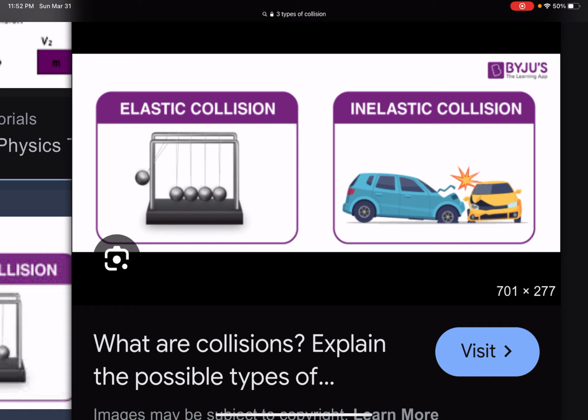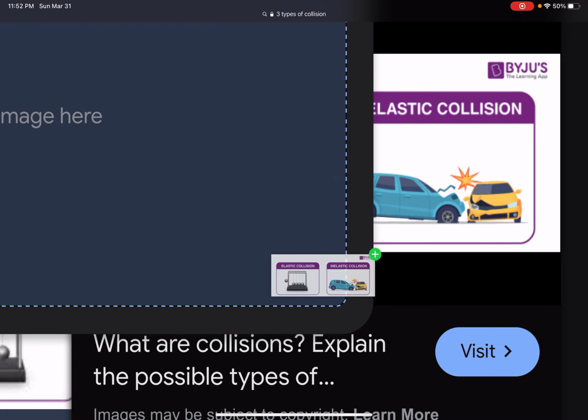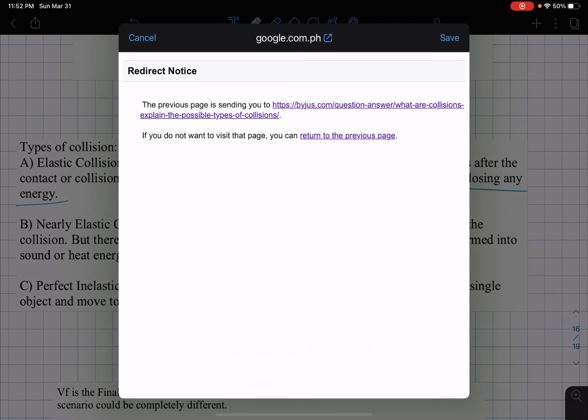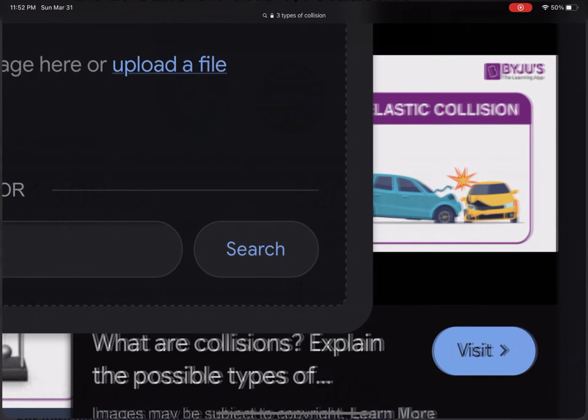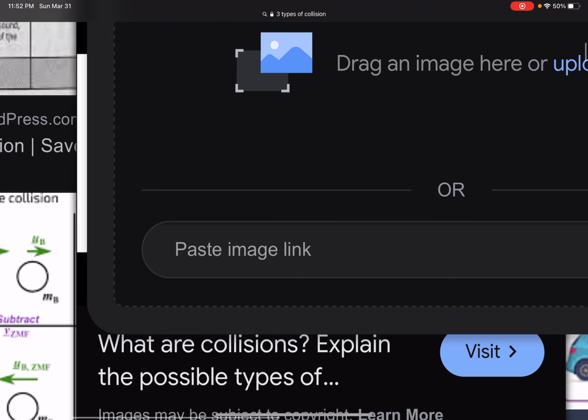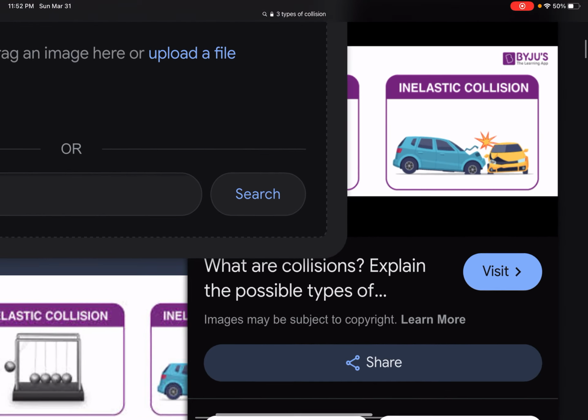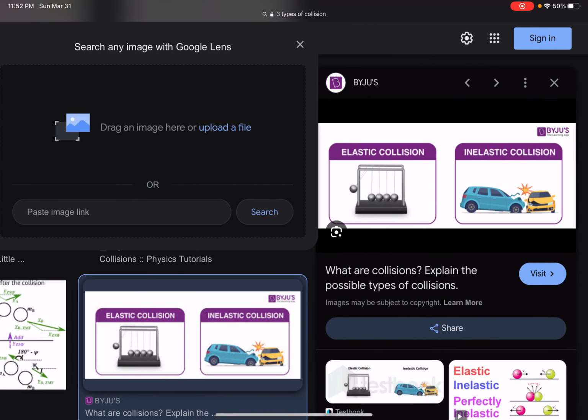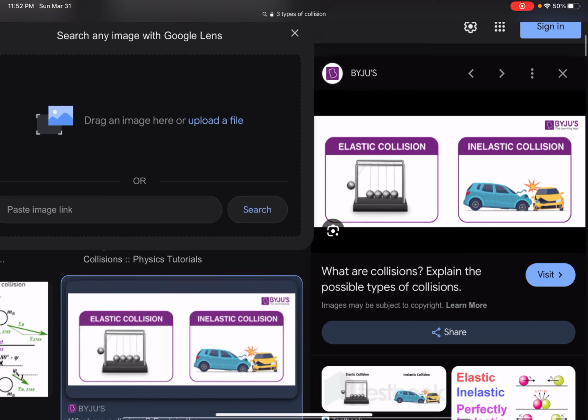They swing, and after swinging they come back, and the balls in the middle basically transfer the energy to the other side. So let's move on to the next type.